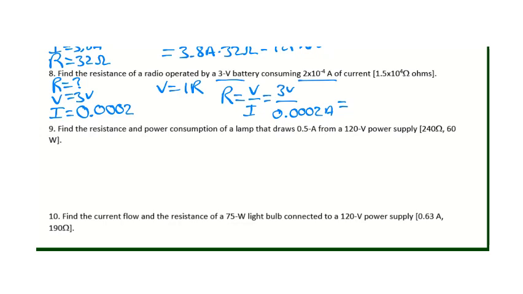And if you type that into your calculator, 3 divided by 0.0002, you do get 15,000 ohms.